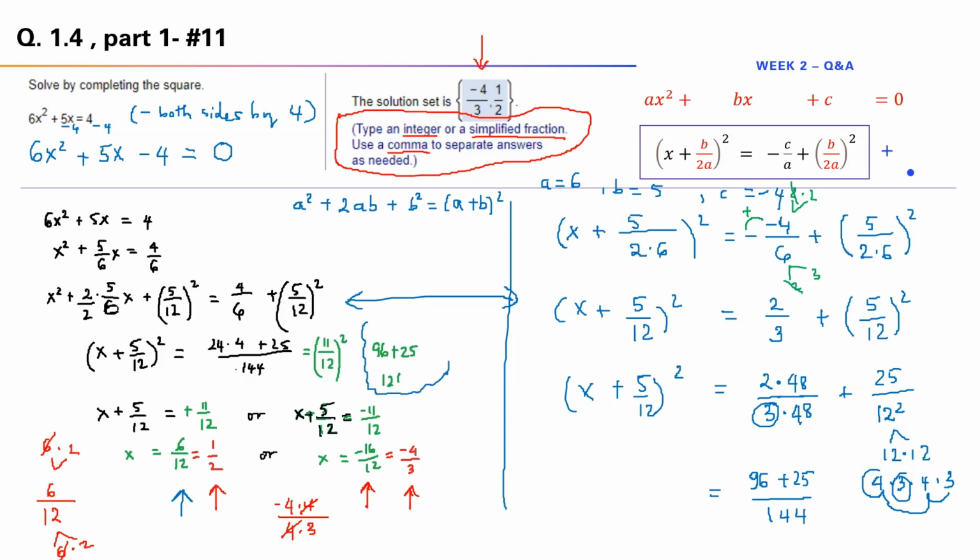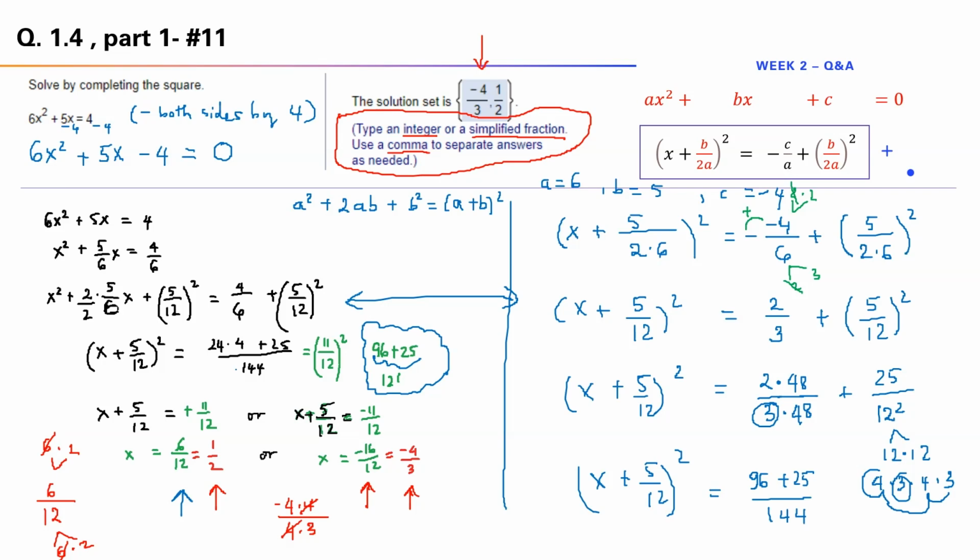This one is just the wrap part. Okay, so we have the same. (x + 5/12)² equals, and 96 plus 25 is 121, and that is 11 squared.